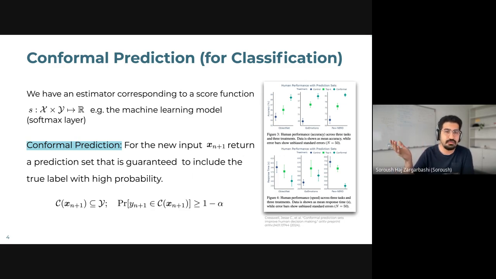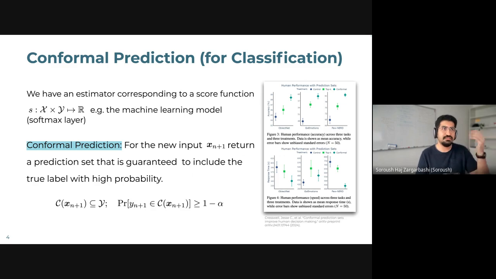So this 1 minus alpha is adjustable, and you can just adjust it to some degree. An interesting work that I saw also at this ICML conference was a study where they tried to capture the human decision when given the top class label, the top K class labels, or conformal sets.